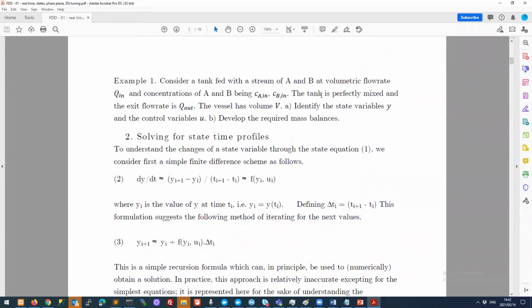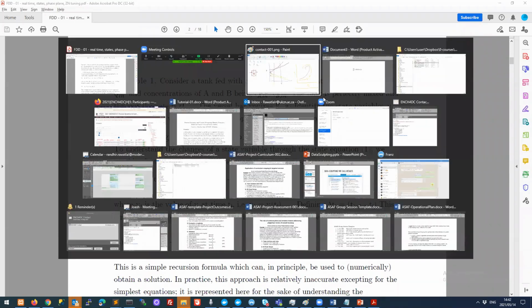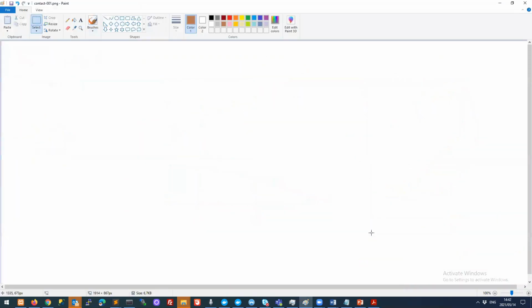Okay, so you've got your tank fed with A and B. Let's just make a sketch.